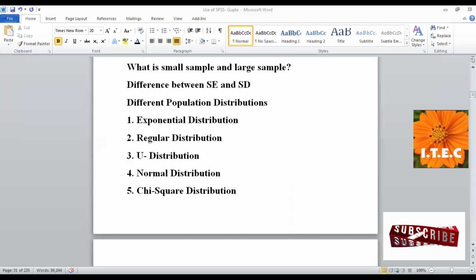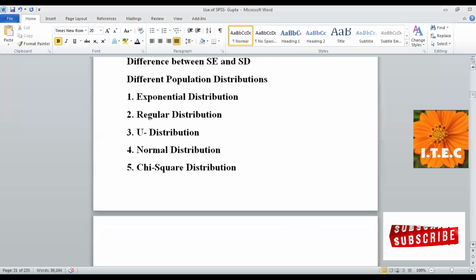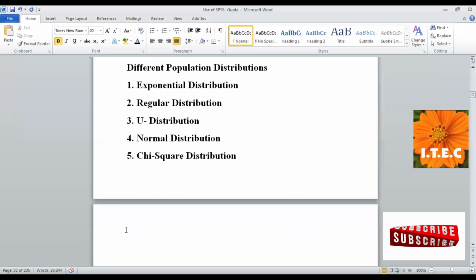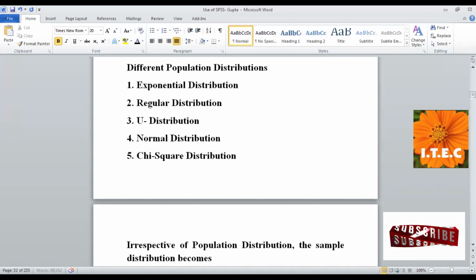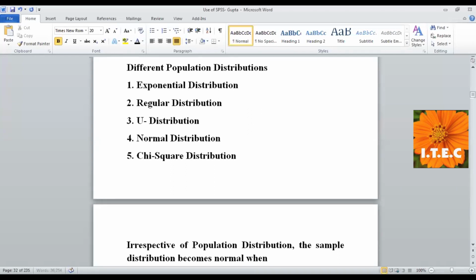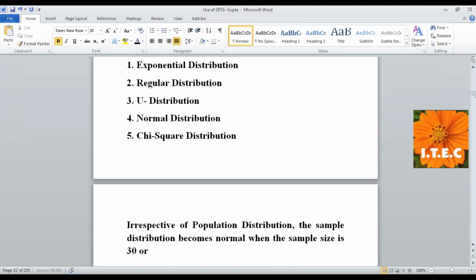So therefore, you can say that irrespective of population distribution, the sample distribution becomes normal when the sample size is 30 or more than 30.